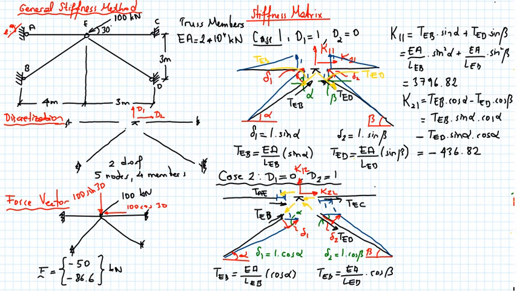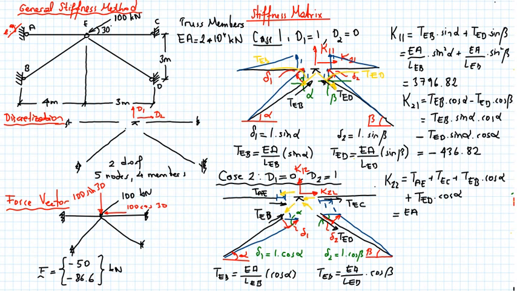So if I want to calculate K22, I got TAE plus TEC plus TEB times cosine alpha plus TED times cosine alpha. So if I put these two TEB and TED values in their place, I got this.